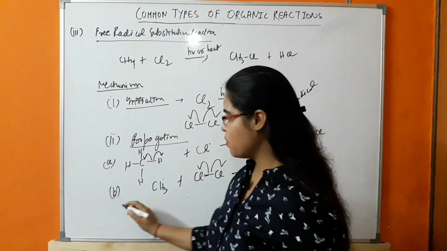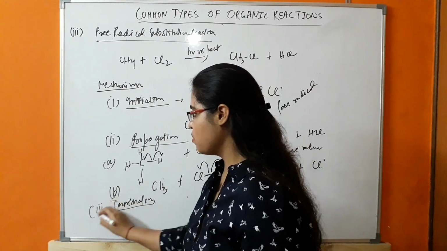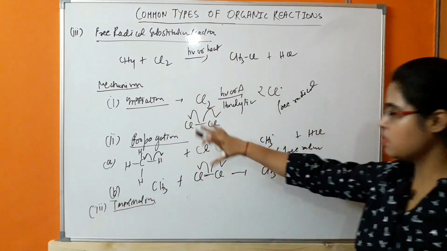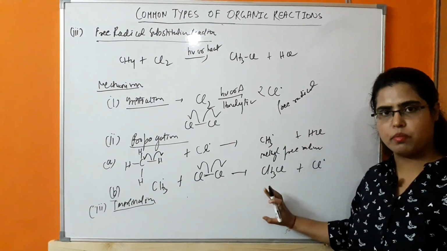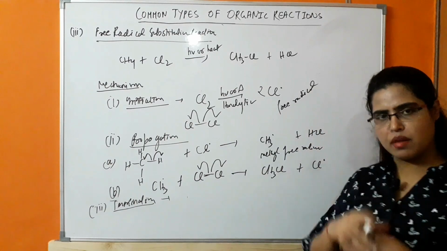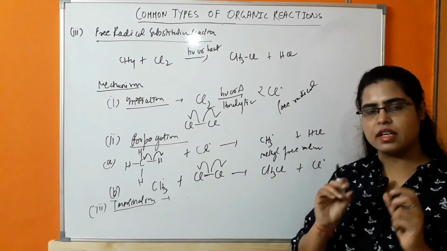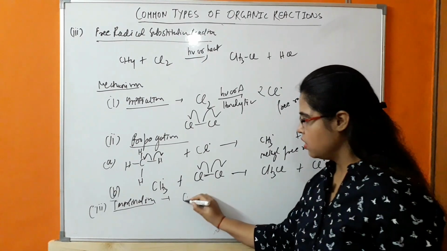So the next step will be termination. By the help of termination only this chain reaction will stop. In the termination reaction, all the free radicals are combined in every possible condition and all the free radicals are terminated.